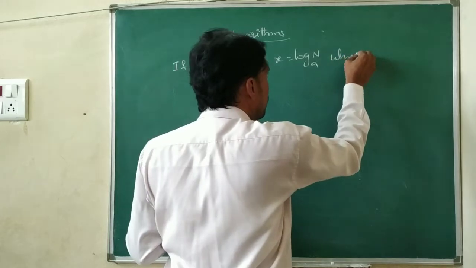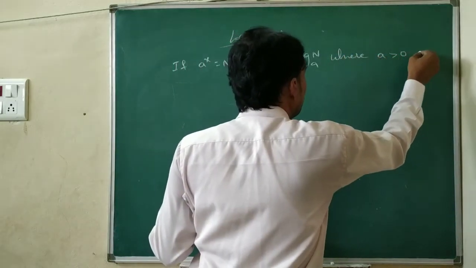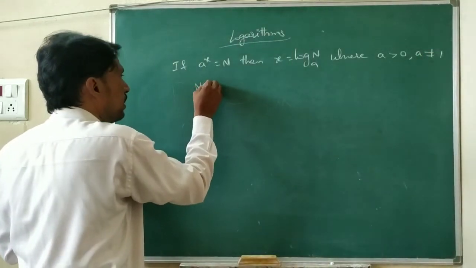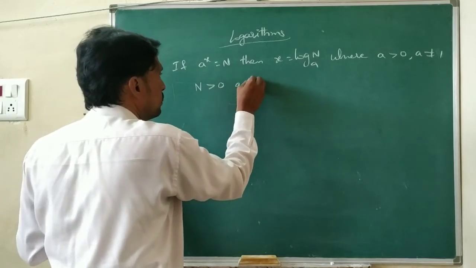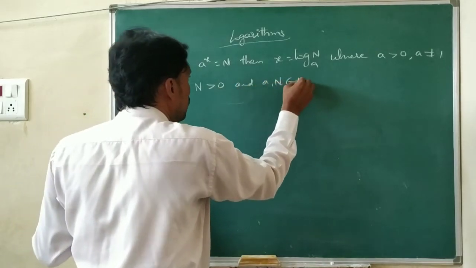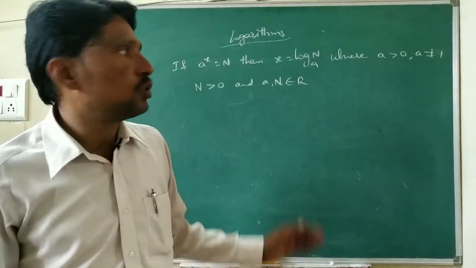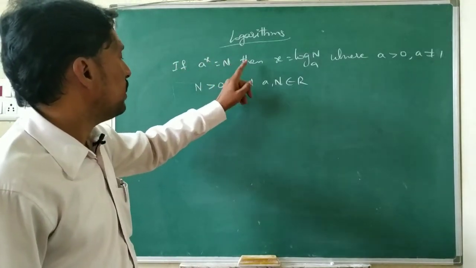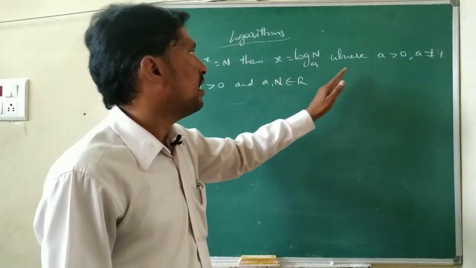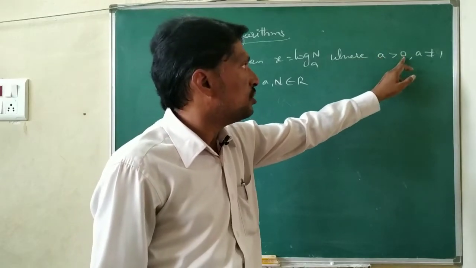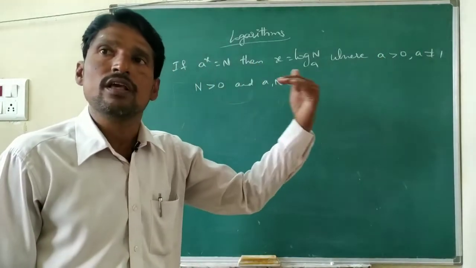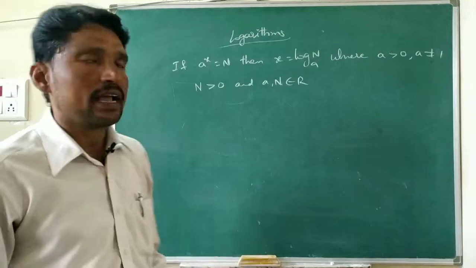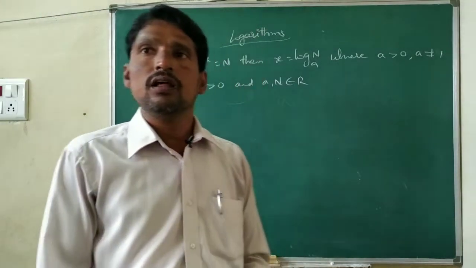Where a greater than 0, a not equal to 1, n greater than 0, and a, n belongs to R. This is called logarithm.